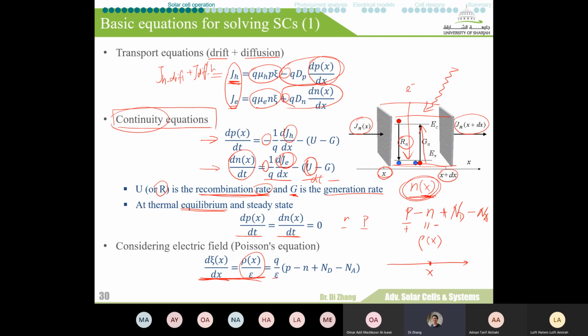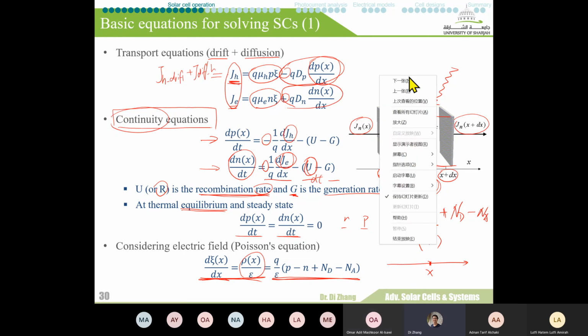So that gives a more complete picture compared to before, now that you take into consideration all the different sources of the charge density. That is basically the equation we have to use. We will talk about the recombination rate and the generation rate very soon, how to express U and how to express the parameter G here.